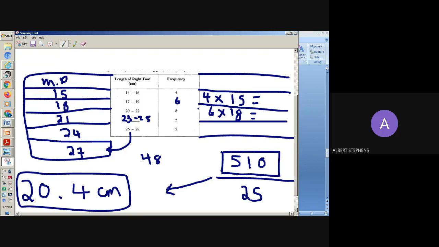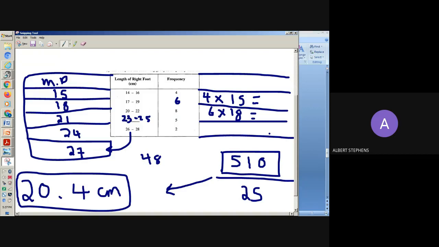So you have 6 times 18, 8 times 21, 5 times 24, and 2 times 27. I know some of you may punch in everything in your calculator at once, but please use your brackets here. If you don't use your brackets, you're going to get them wrong.